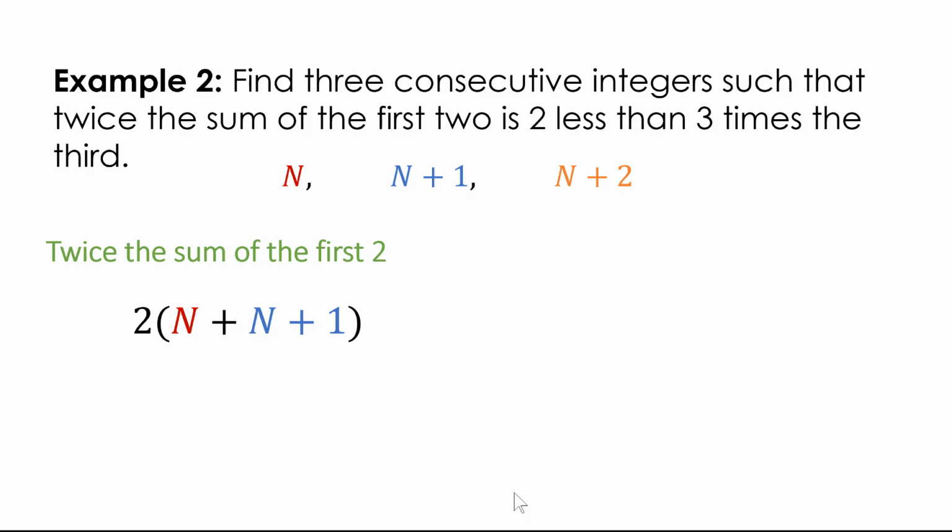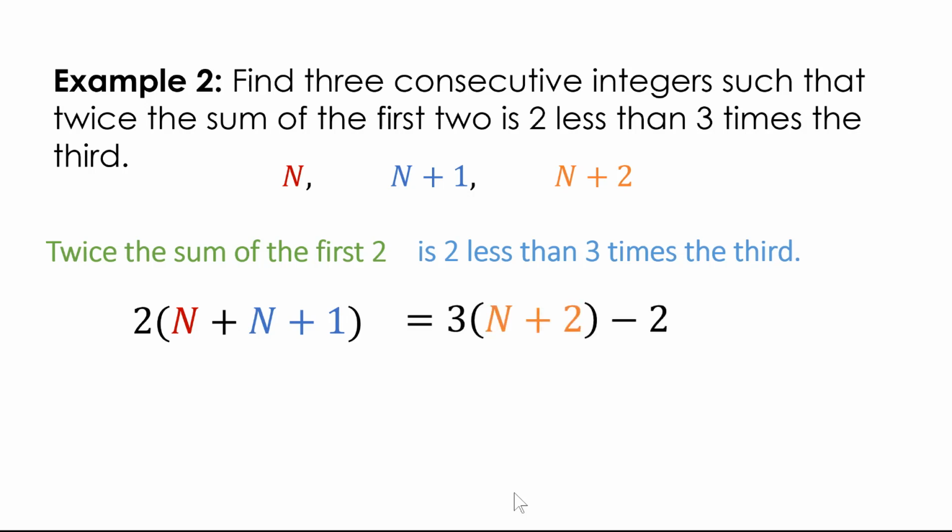And then the next part of the sentence says is 2 less than 3 times the third. So that equals 3 times the third, which is 3 times n plus 2, and it's supposed to be 2 less than that, so you subtract 2 from it.